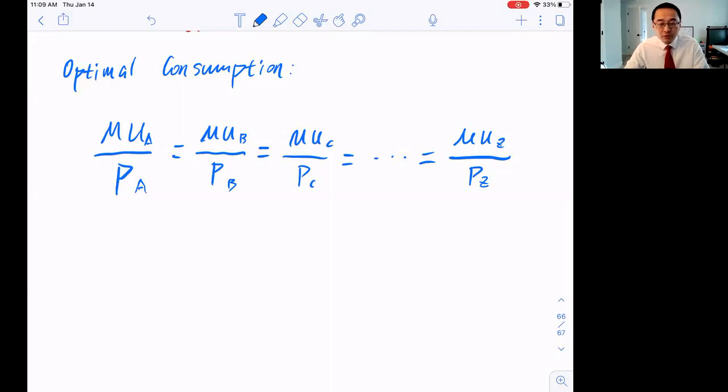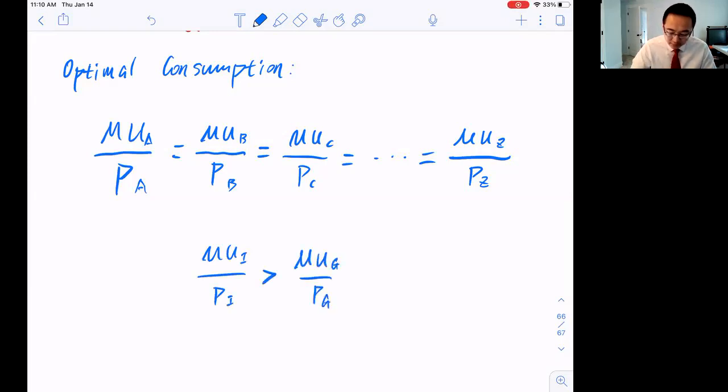Because if they don't equal, you can always consume more of whatever is giving you more marginal utility per dollar, right? If your marginal utility per dollar for ice cream is greater than your marginal utility per dollar for gumballs, then you should consume more ice cream and you can become happier. But because of diminishing marginal utility, as you consume more ice cream, your marginal utility of ice cream is going to decrease.